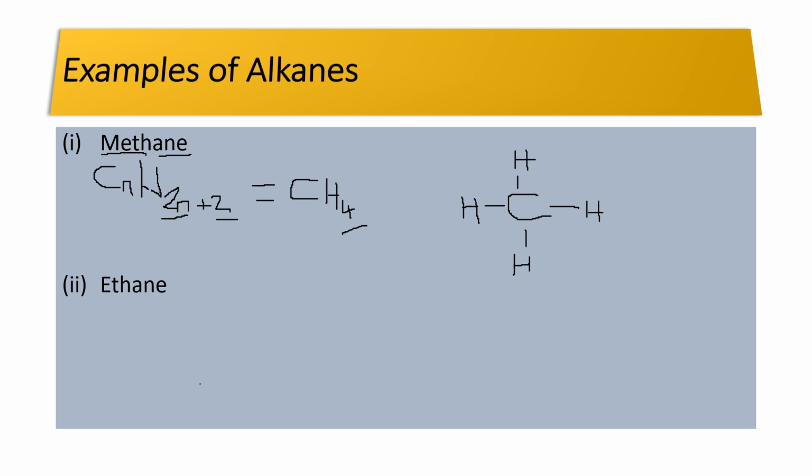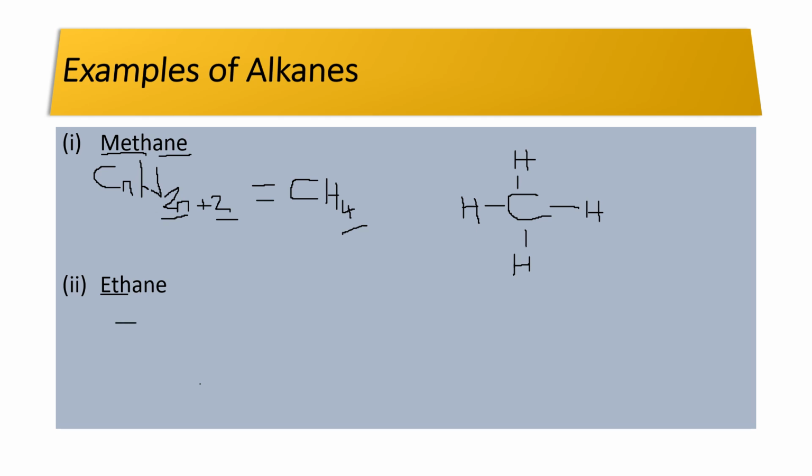So let's look at another one, using the same formula, CnH2n+2. Eth, so we have ethane. The prefix eth means we have 2 carbon atoms.